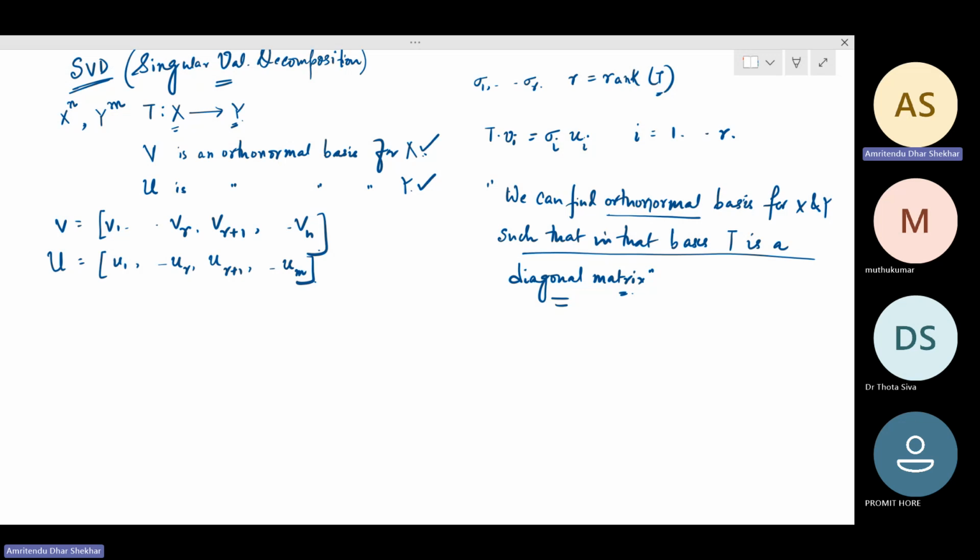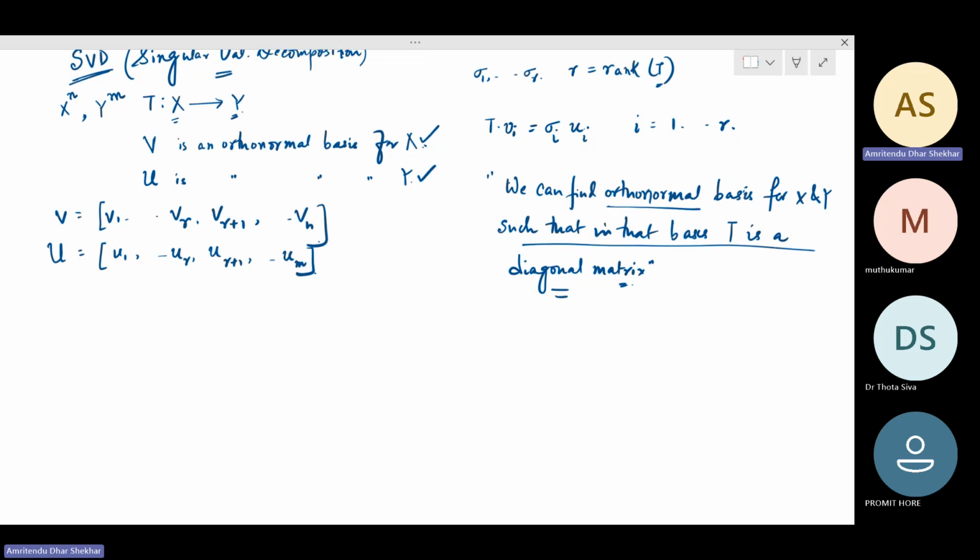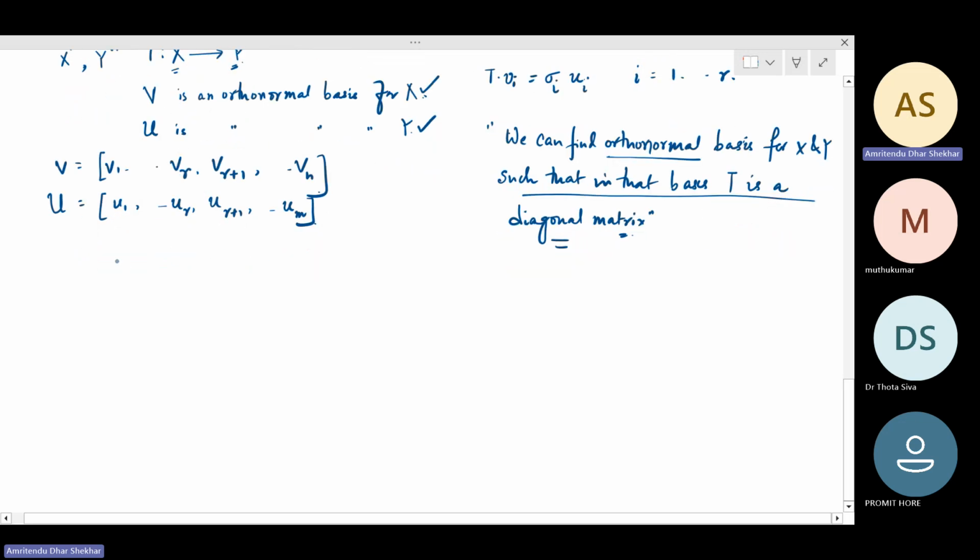One thing that you can always do is you can take this T to be in a canonical form. So the canonical form looks like this. You can always write T as equal to U sigma V transpose.